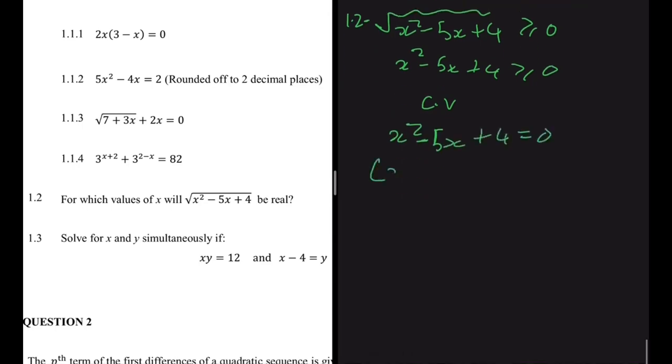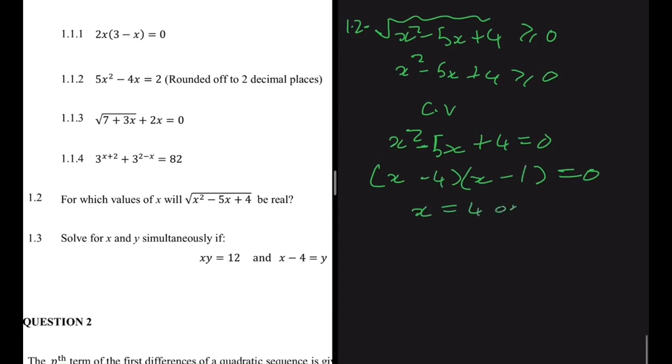So we're essentially factorizing here. We get x, and then this is equal to 0. Now the question I'm asking myself: which two numbers do I multiply to get 4, but when I add, I get minus 5? That is minus 4 and minus 1. So x is equal to 4 or x is equal to 1, right?